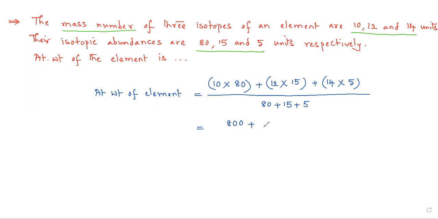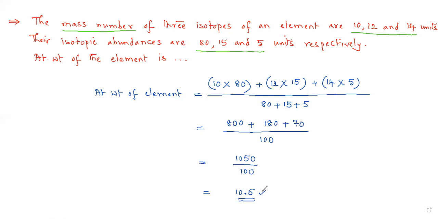This is 800. This is 180. And this is 70. Of course, this is 100. How much is that? See, this is 980 plus 70, nothing but 1050. 1050 by 100. So it is 10.5. Okay.